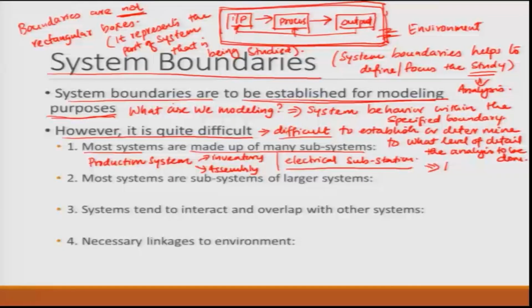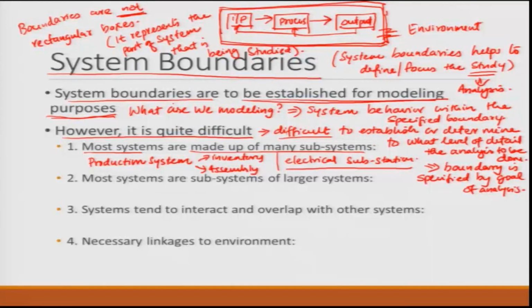But if you are studying how to achieve the production with minimal use of energy, then the electrical aspect is part of the system. So, depending upon the study, this also tells us that the boundary is specified by the goal of analysis.